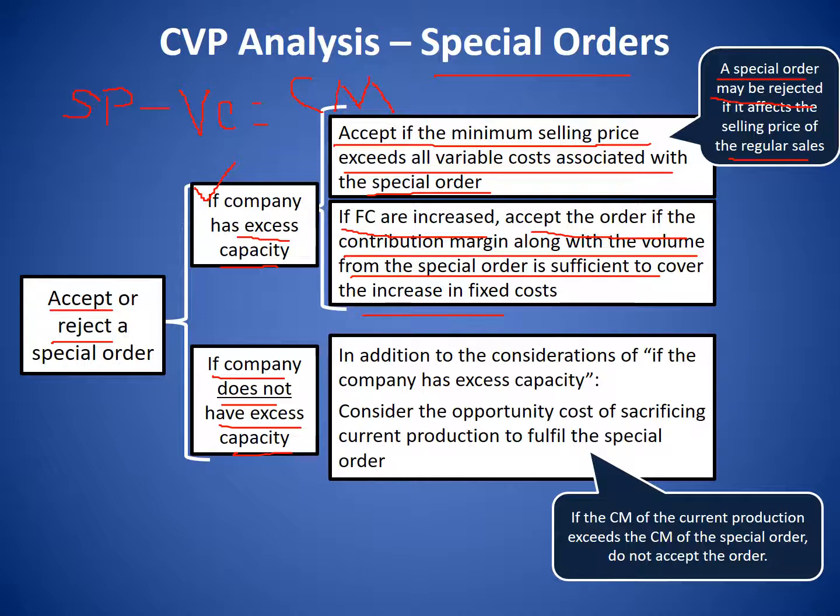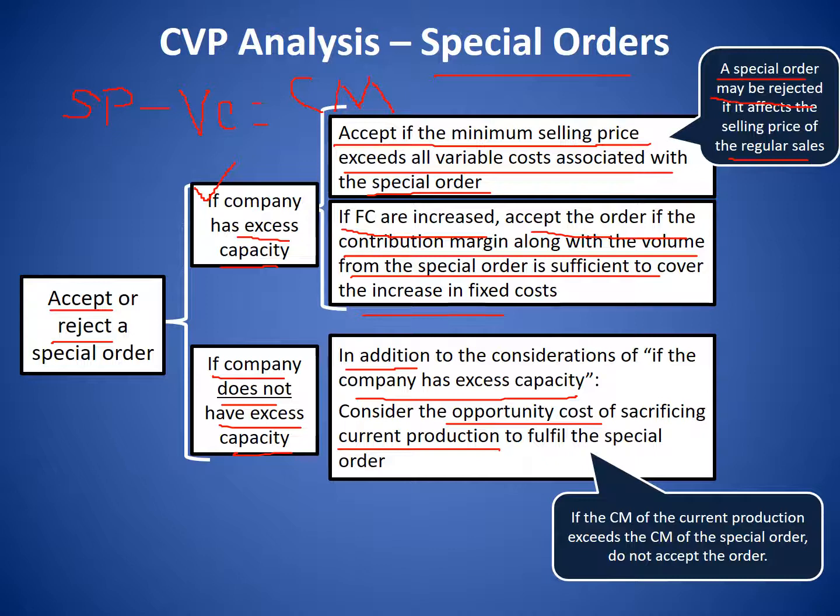So basically what we're going to say here is, in addition to the considerations above, if the company does not have excess capacity, then we have to consider the opportunity cost of sacrificing current production at whatever contribution margin it produces to fulfill the special order.